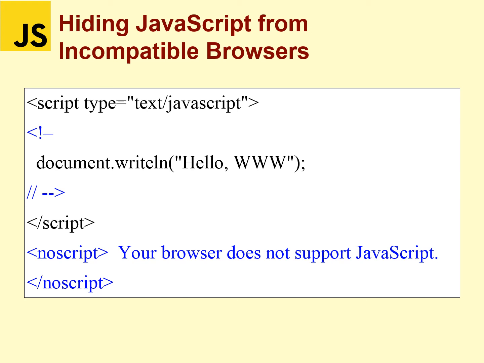Now we can see how we can hide JavaScript from incompatible browsers. We can hide JavaScript from incompatible browsers by placing comments, and also we can use the NoScript tag.